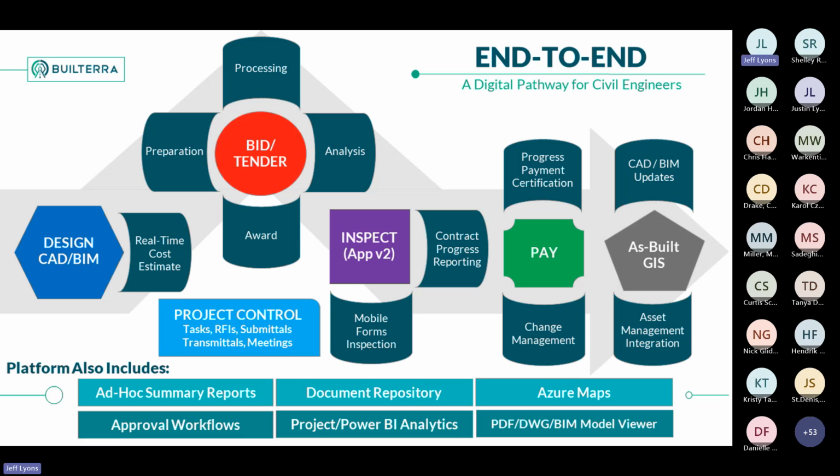And what it means is that the designers or whoever's putting together the bid package can easily move data from the design into the bid package and ultimately into procurement. So we're going to look at that process today, and then look at how we move it from the bid into the inspection and progress payment cycle here.